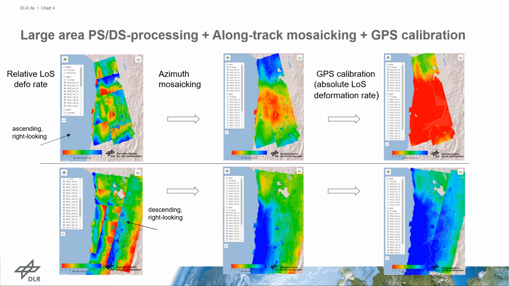We have then an azimuth mosaicing step, which is really just a stitching of the products exploiting some overlap. And finally, we have a GPS calibration step. Here we have used the Nevada Geodetic Laboratory products, and this allows us to obtain absolute line of sight deformation rates.